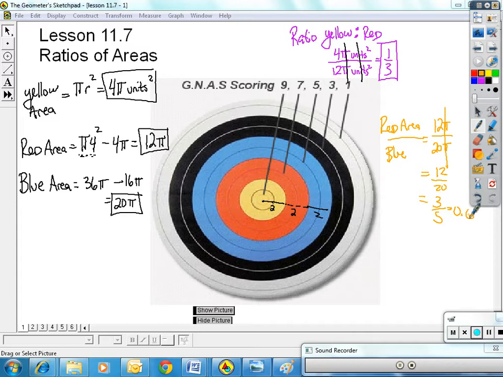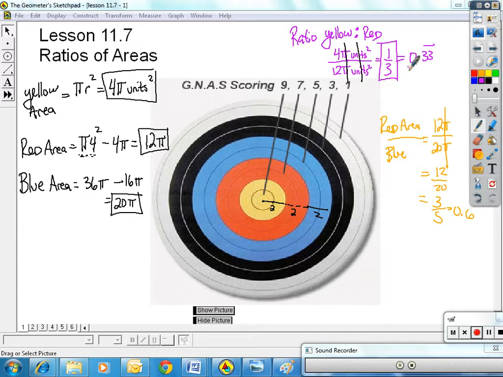Okay, so let's write these as a decimal. That's 0.33 repeating. Another kind of interesting note is that as I move outward on the target, this ratio becomes larger.